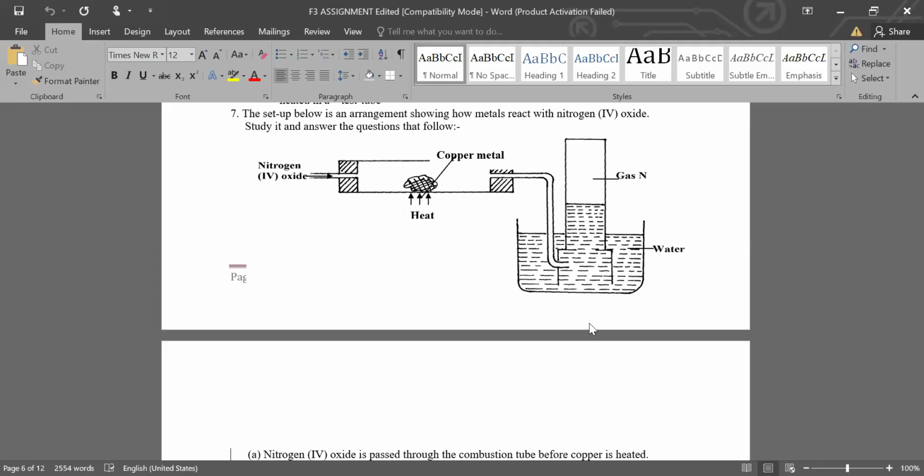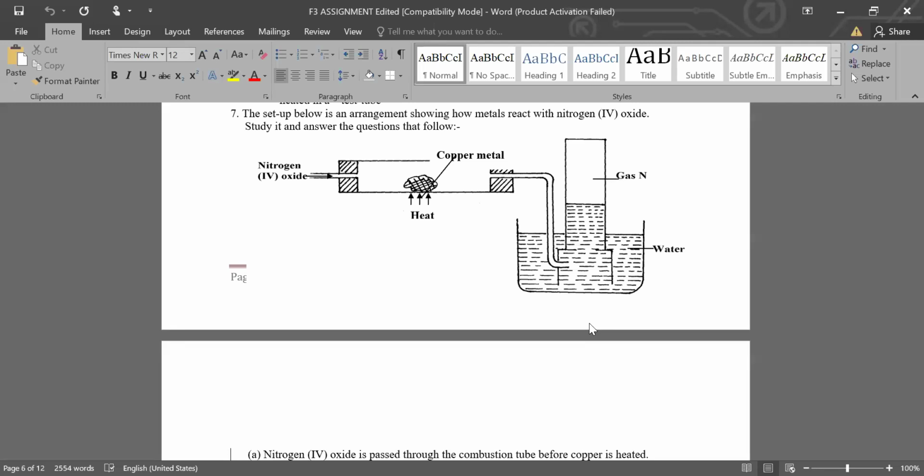The product that is formed is going to be copper 2 oxide and nitrogen gas. Because when nitrogen 4 oxide decomposes, that oxygen will oxidize the copper. And then the other product is going to be nitrogen.